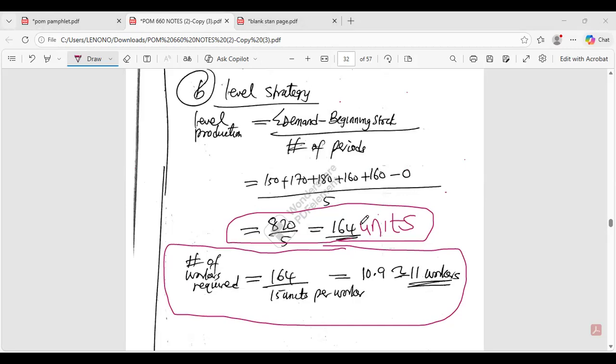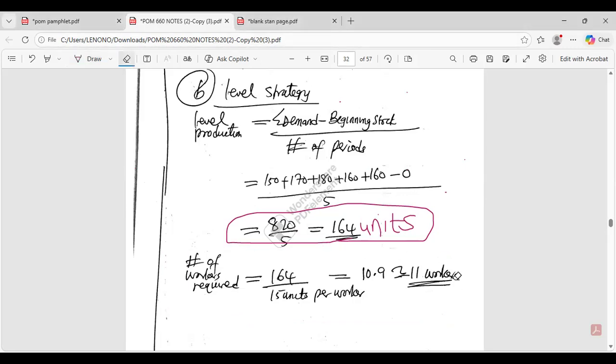So we laid off one guy and then maintained the 11. That's what we did as management. You get my point, right? So we laid off one worker and maintained the 11 workers.